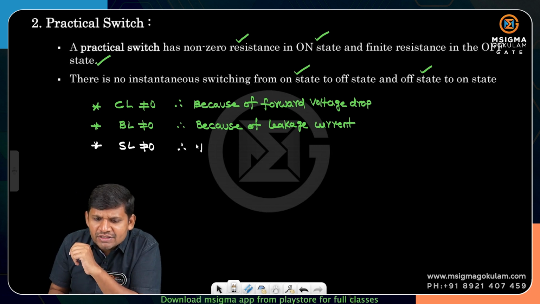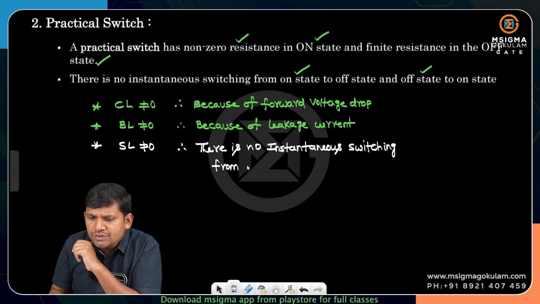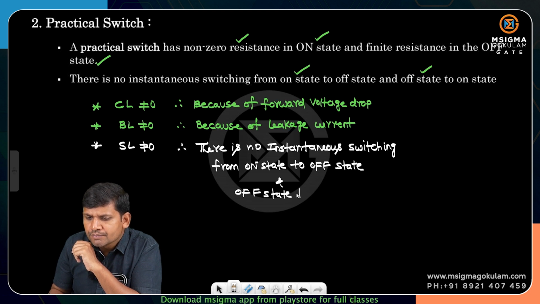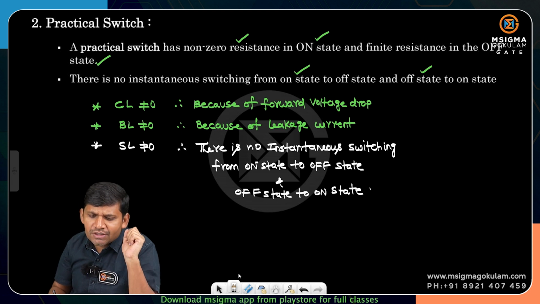Concentrate: there is no instantaneous switching from on state to off state and off state to on state. Then conduction losses, blocking losses and switching losses are all not equal to 0.